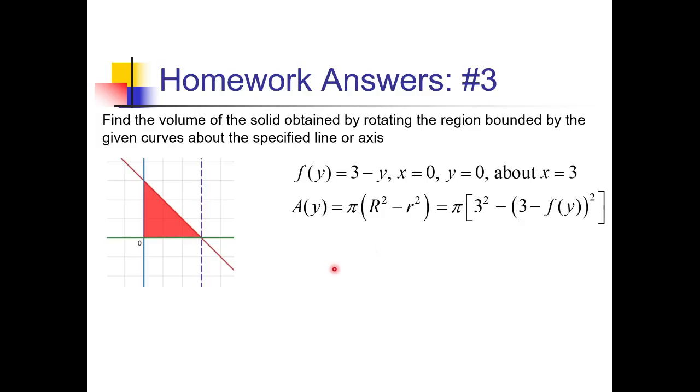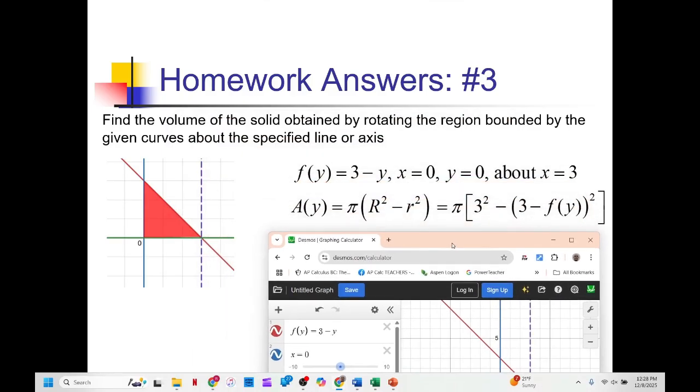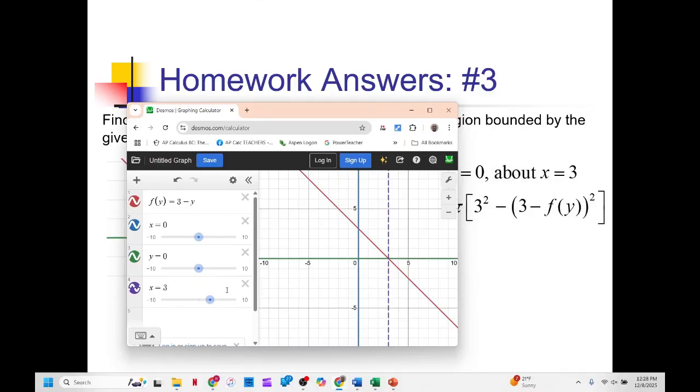In order to do that, I have to go from the y value 0 to the y value 3 up here. So integral from 0 to 3 of A of y dy, and let's plug all this in Desmos now. So let me put my A of y function in there, and let me just move so I can see it.